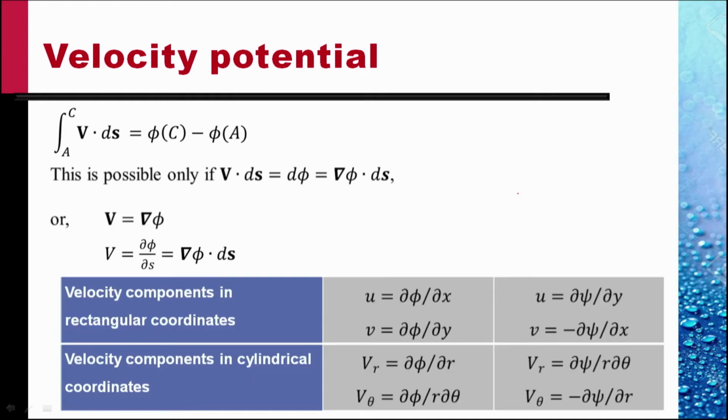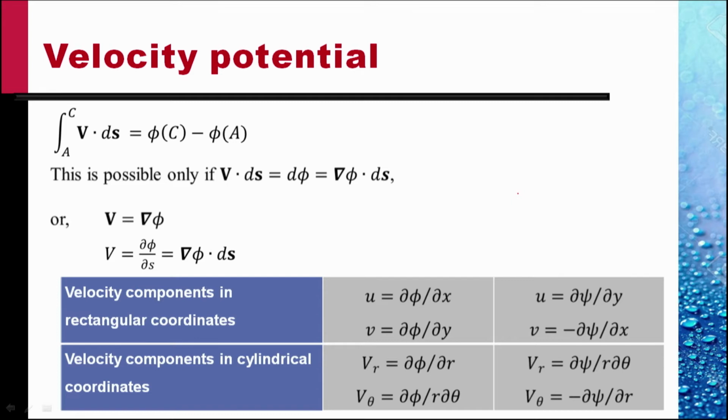The function phi is called the velocity potential, and the velocity components in the various coordinate systems can be found out. The velocity components in rectangular coordinates are given by u is equal to del phi by del x and v is equal to del phi by del y.